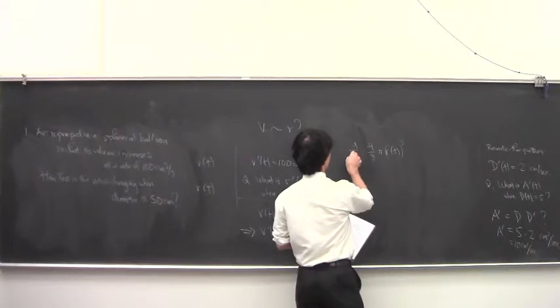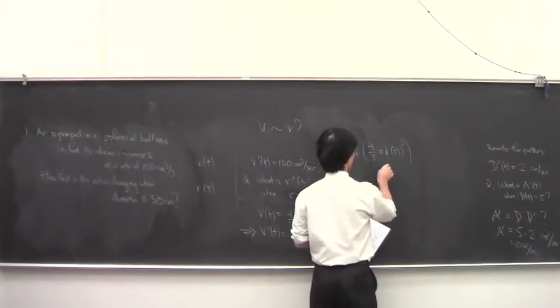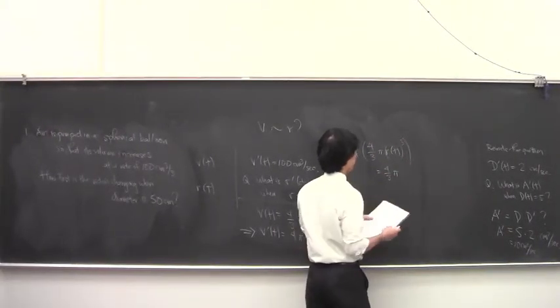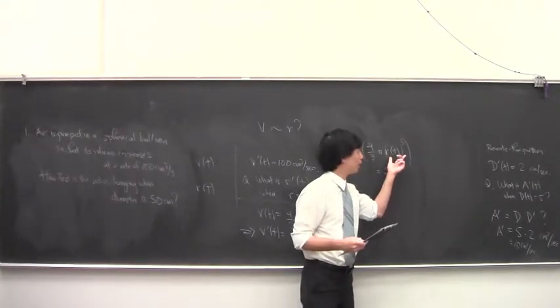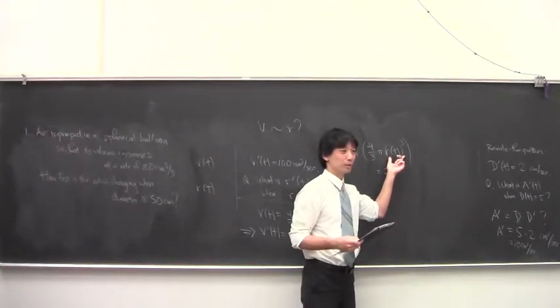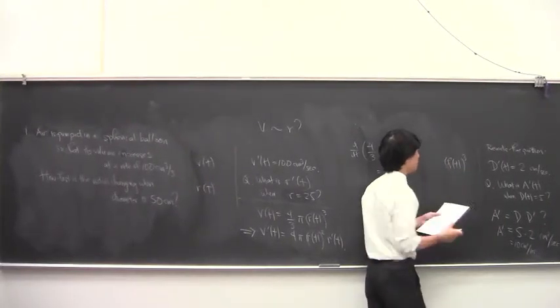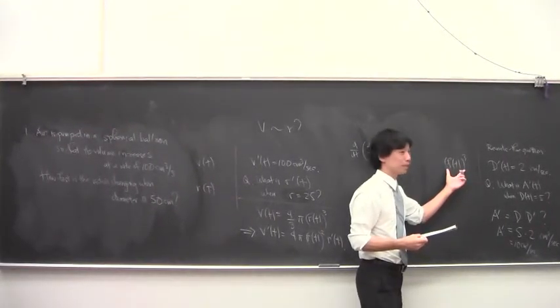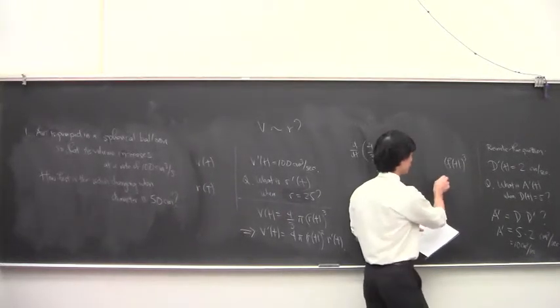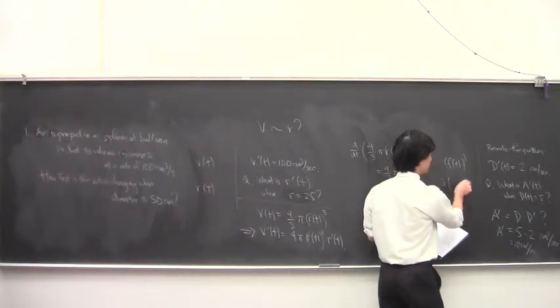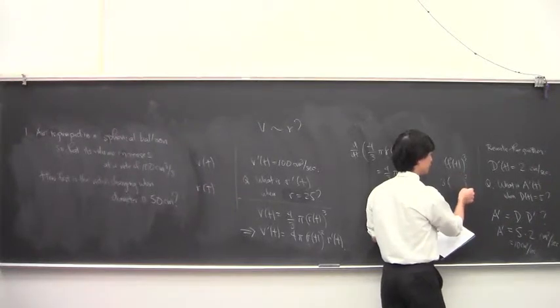When you differentiate that, you get 4/3 pi times the derivative of some function cubed.